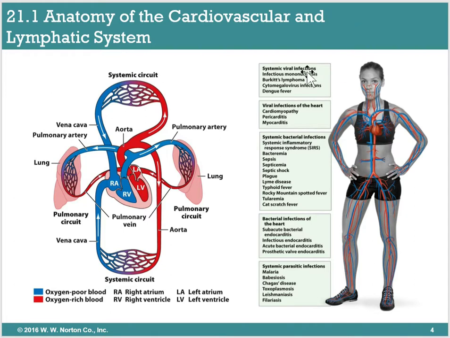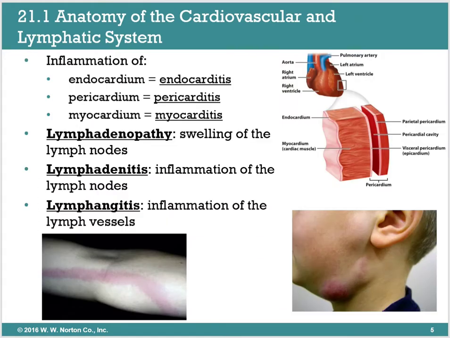And we're going to look at some of these infections that are listed here. So with that, let's go ahead and talk about some inflammation that comes with some of these infections. So the first bullet is inflammation of the heart. So depending on what part of the heart is inflamed is how you will categorize it.